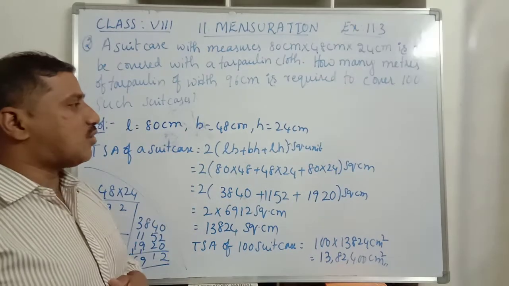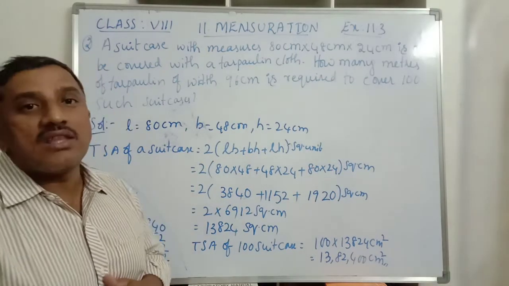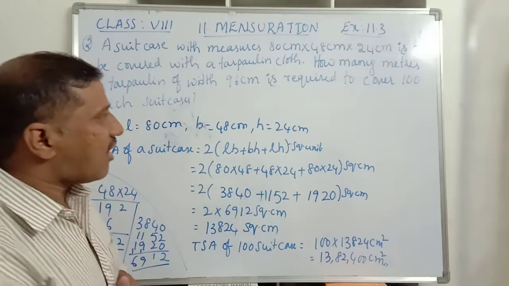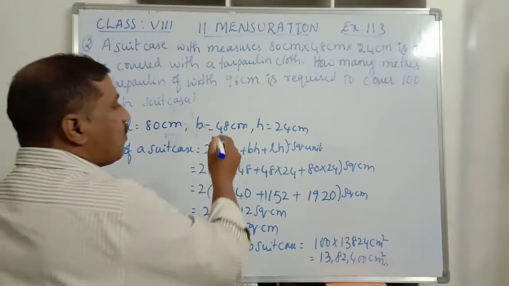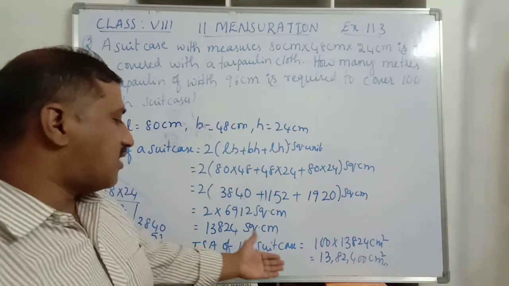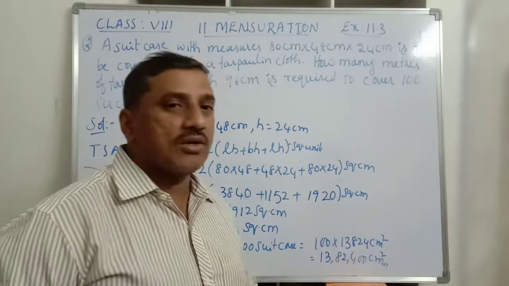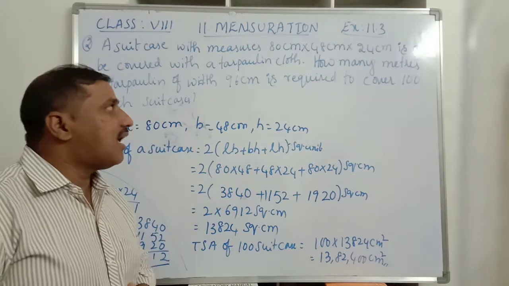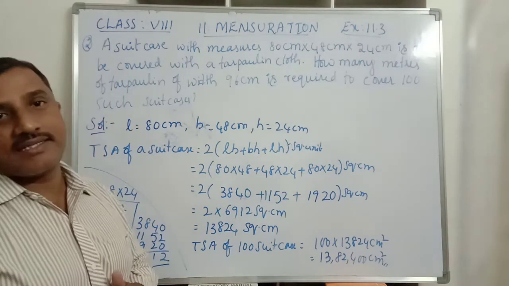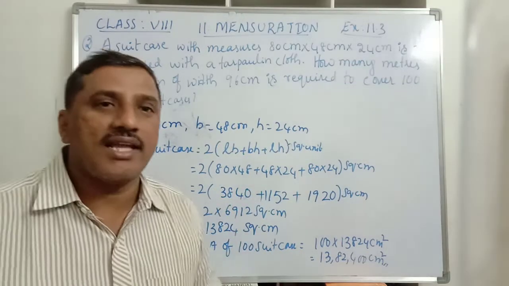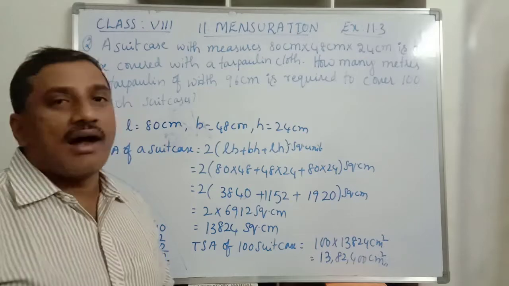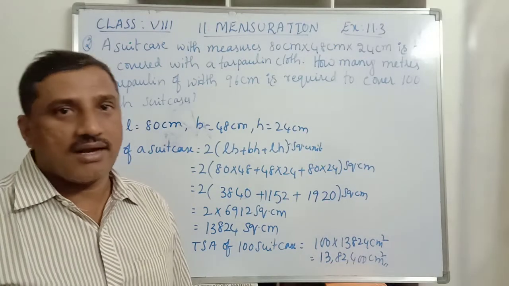This is equal to the area of the cloth which is required. Now the area of the cloth is the same, 13,82,400 square centimeters, and its width is given, it is 96 centimeters. By solving that, we will get the length of the cloth required to cover 100 such suitcases. Clear?